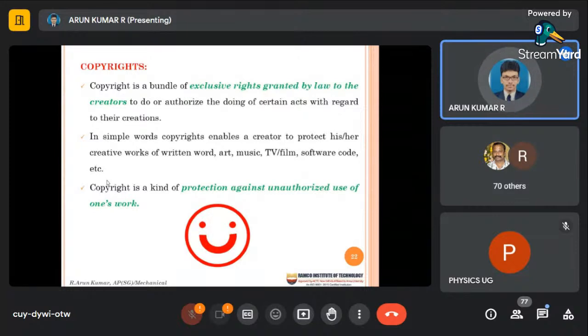Now we'll move on to the next form of IP, which is called copyright. So in India, copyright is meant for creations. So inventions are meant for patent, and creations can be protected under copyright. A creation can be an art, a music, a film, a software code, whatever it may be.